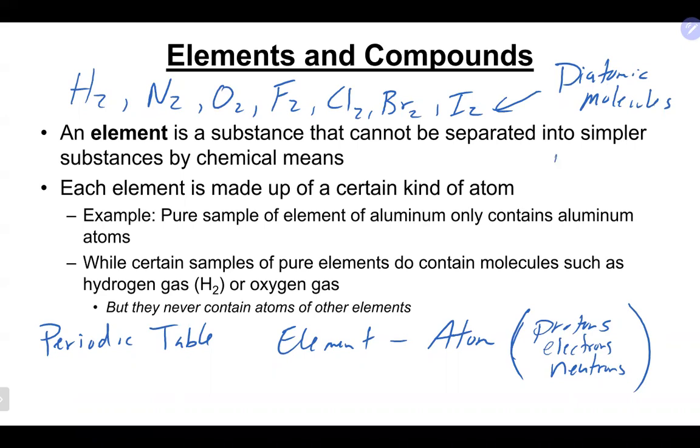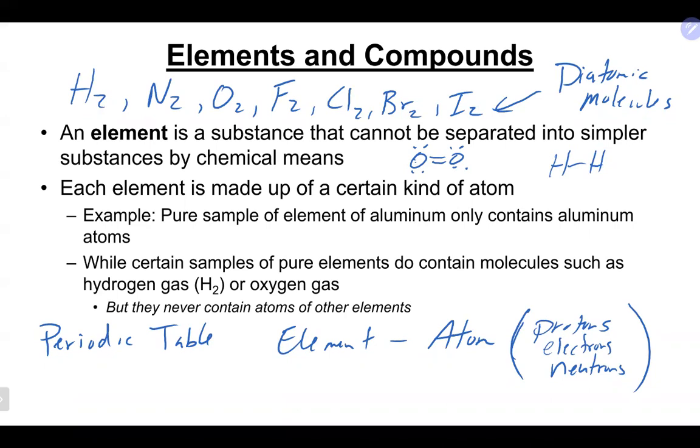So something like hydrogen is basically two hydrogen atoms bonded together. Something like oxygen is two oxygen atoms bonded together. That is naturally how they come. Those are still elements, and they're also molecules because there's more than one atom together, basically, that is there.